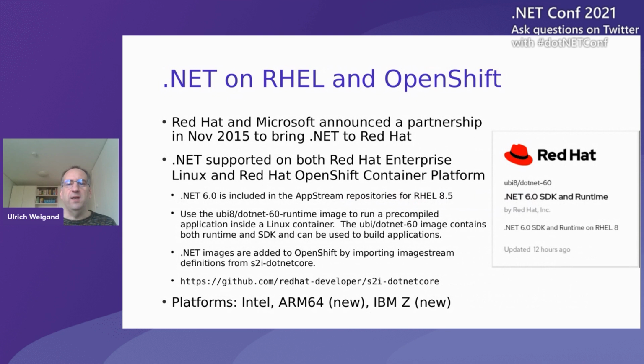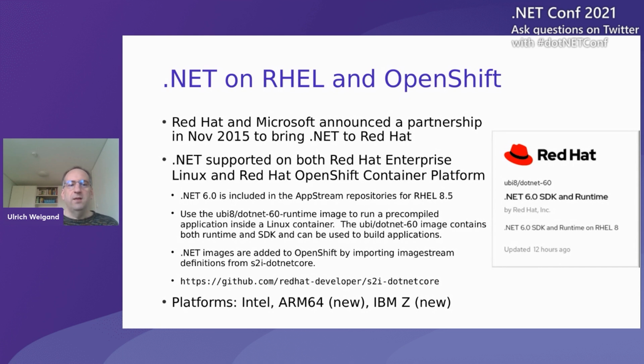Finally, how can you actually get your hands around it and play with it? Well, that's where our partners at Red Hat come into play. As you may know, Red Hat has actually supported .NET for many, many years, basically since .NET Core was released back in 2015.